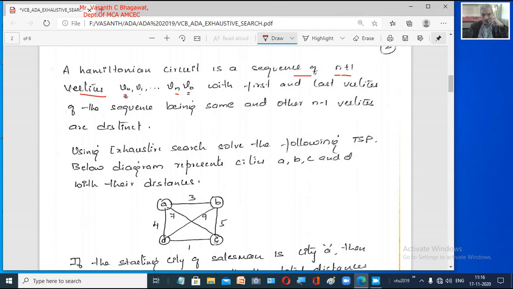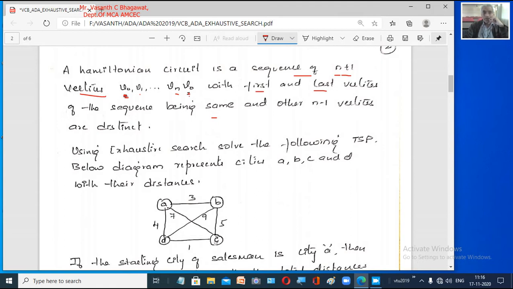That is why we say it is a sequence of n plus 1 vertices, where the first and the last vertices of our sequence are the same. He starts from the same vertex and ends with the same vertex. Such a sequence is called a Hamiltonian circuit.